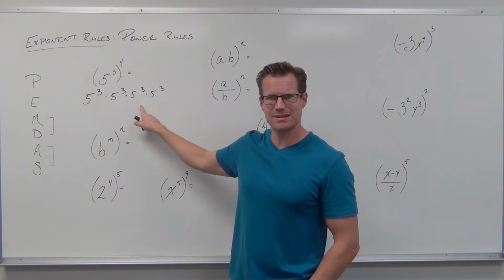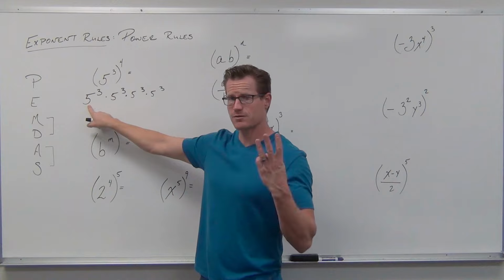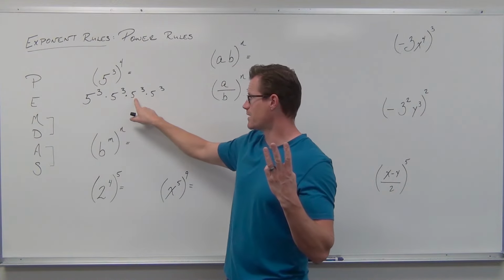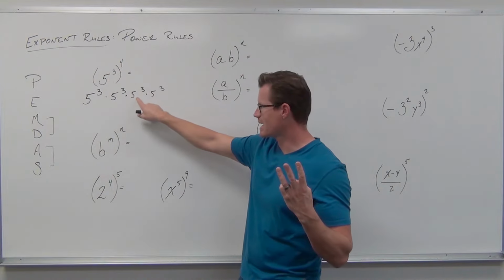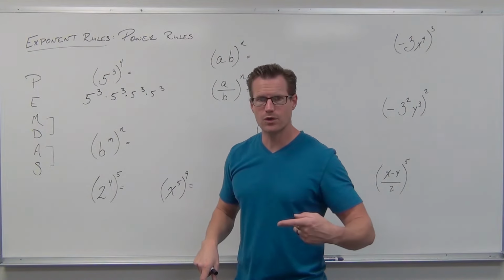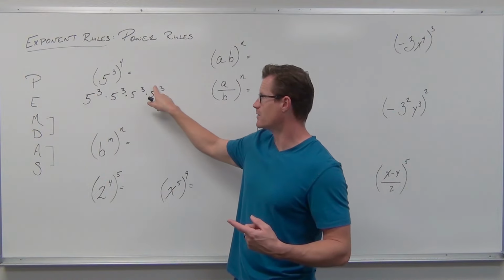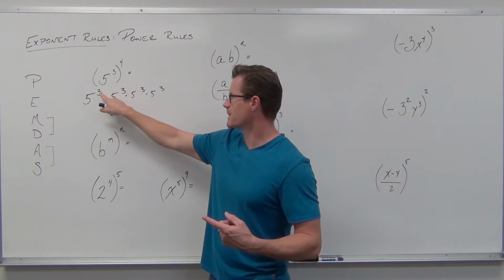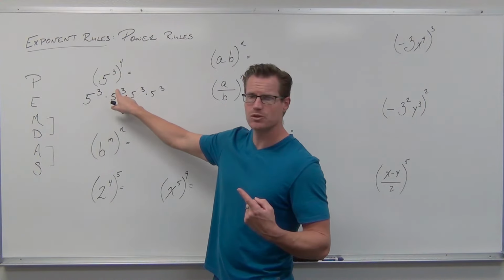That's repeated multiplication. However, we've already done that. That's the product rule. That says, wait a minute, if I have 3 fives multiplied, 3 fives multiplied, 3 fives multiplied, 3 fives multiplied, I'm repeatedly multiplying the same thing over and over again. We could just add up the number of fives that I have. Repeatedly adding the same number, well, that's multiplication.